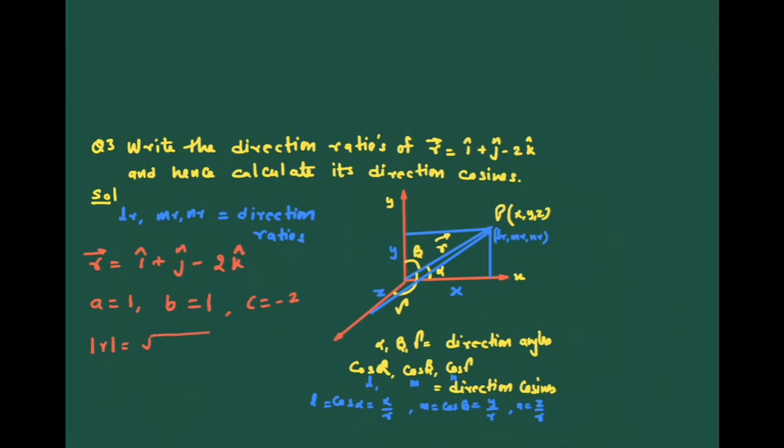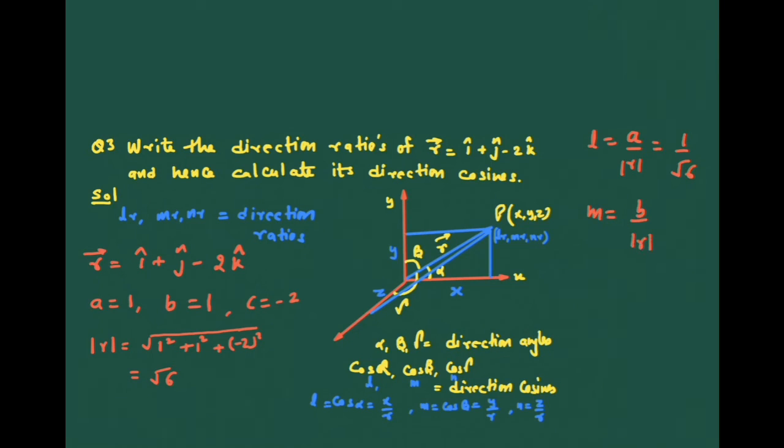So magnitude of r vector is equal to root of 1 square plus 1 square plus minus 2 whole square, which is root 6. Therefore direction cosines are L is equal to A upon mod R, means 1 upon root 6.